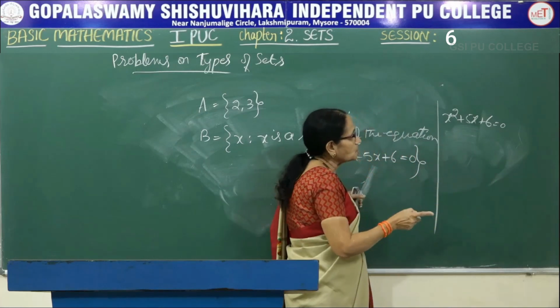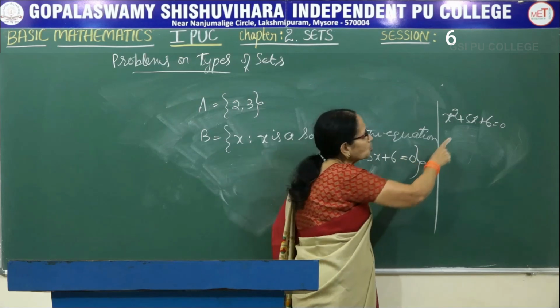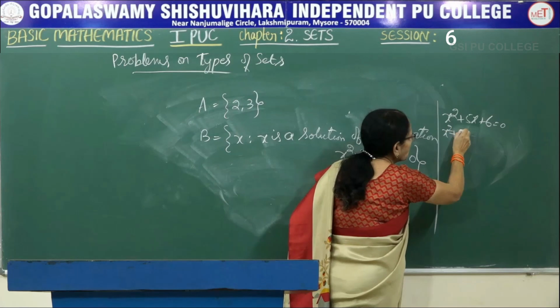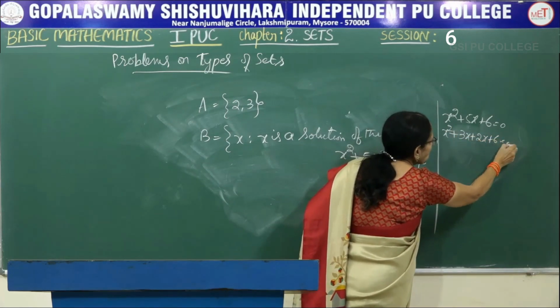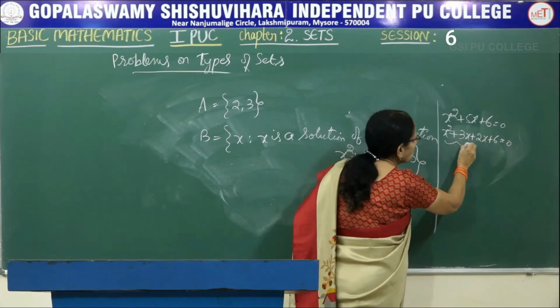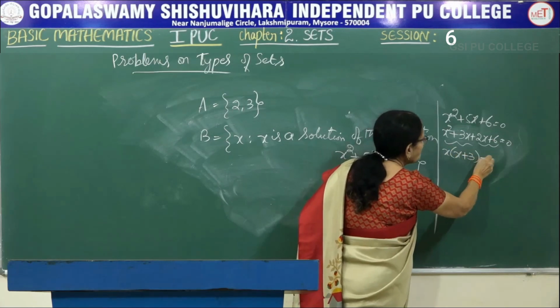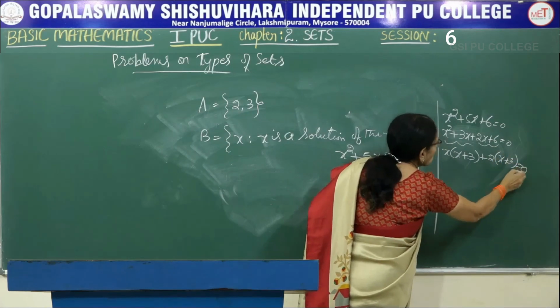Now the procedure you know, we have to split the middle term in such a way, the sum should be 5, the product should be plus. How could you do that one? X square plus 3x plus 2x plus 6 equal to 0. That is 3 2s are 6, 3 plus 2 is 5. So grouping them, taking out the common factor, we have x into x plus 3 plus 2 into x plus 3 equal to 0.